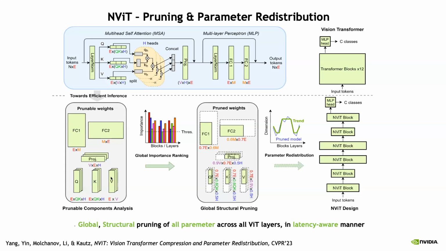So what we show here is that pruning is in fact a very indicative method for us to rethink the importance of these parameters, so that we can distribute them in a better manner. We just leverage pruning to analyze the trend, throw away some of the parameters from the beginning and end parts, and redistribute them towards the middle, in an autoencoder shape. It directly gives a much better Pareto front in terms of the accuracy-throughput trade-off.